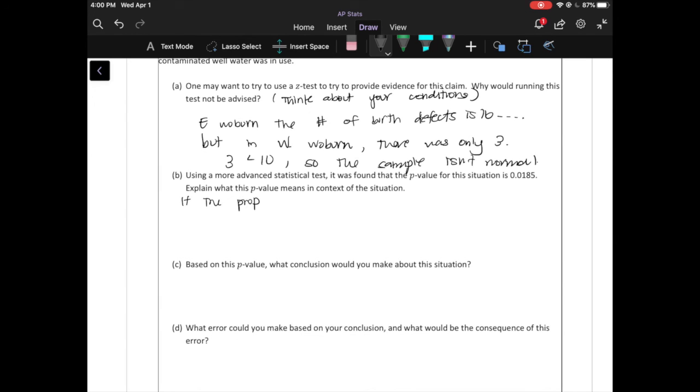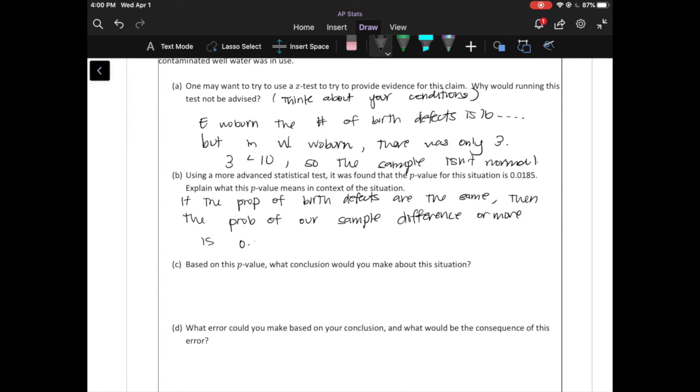Well, this p-value says that if the proportion of birth defects are the same, then the probability of our sample difference or more, because we're saying that East Woburn has more birth defects than West Woburn, the probability of our sample difference or more is 0.0185.